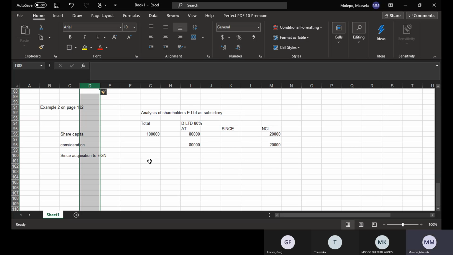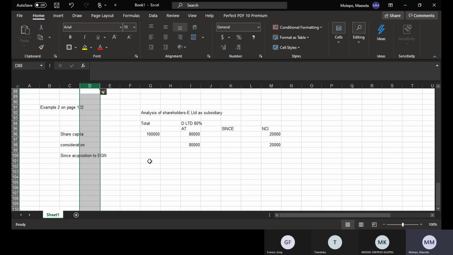So the retained earnings, now have a look. You see the difference between the two: when the parent was selling to the subsidiary, if you check page 119, the retained earnings at the beginning of the current year were straight in full as 80,000. No problem.